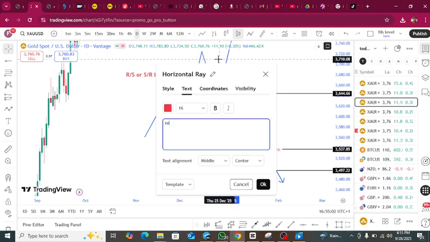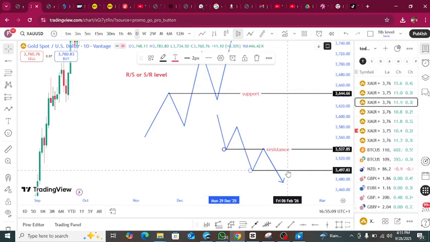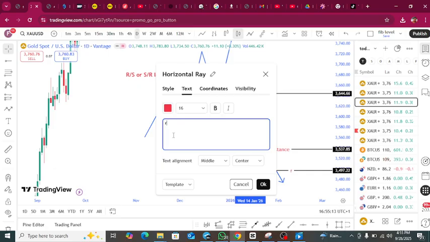To now act like a resistance, and this also acts like a resistance. This also acts as a resistance.